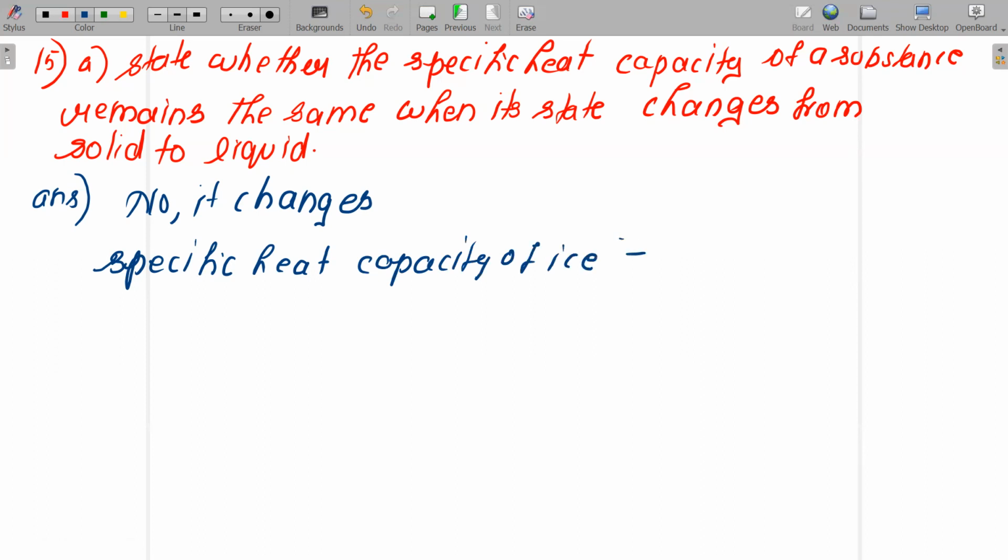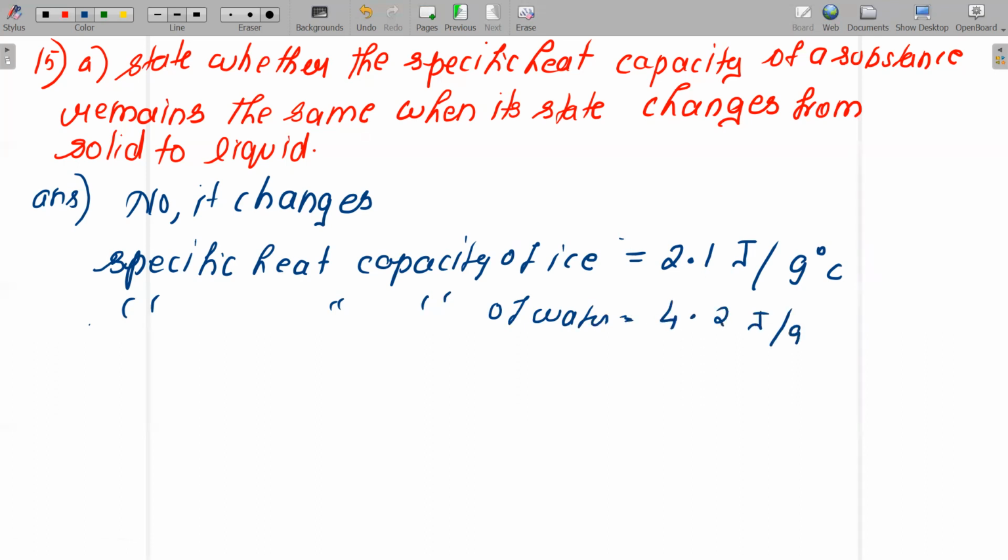Ice is 2.1 joule per degree Celsius. Now, what is the specific heat capacity of water? 4.2. So it will change. Everything is given in your notes. Understood?